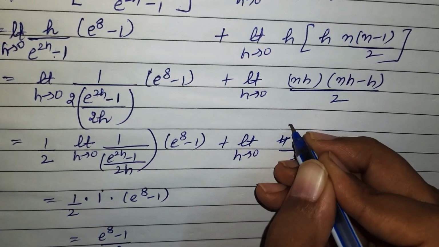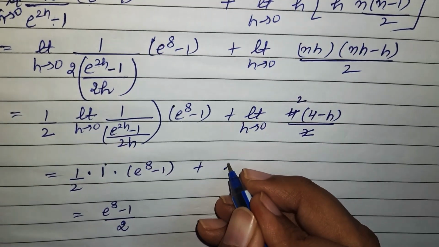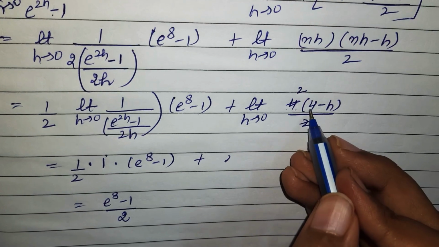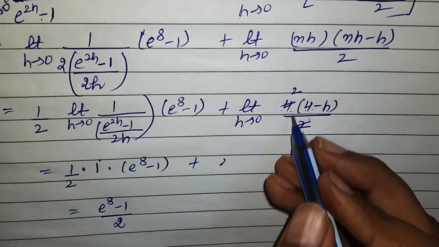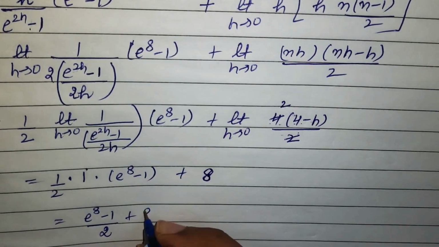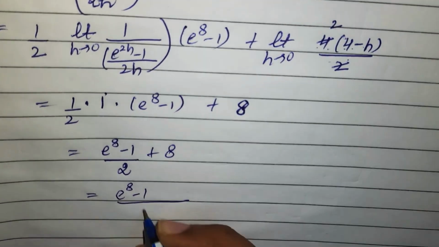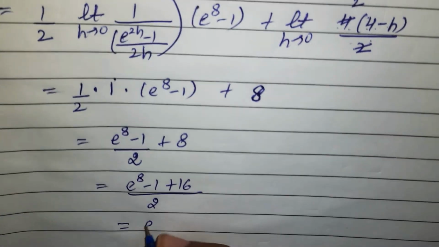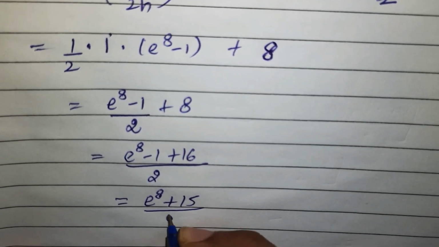After putting h as 0, I will be getting nh is 4, by 2. So 2 4s are 8, so plus 8. So after taking LCM, you will be getting plus 16. So final answer is e raised to the power 8 plus 15 by 2.